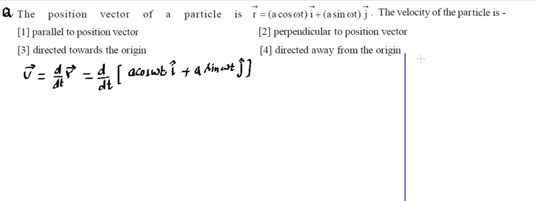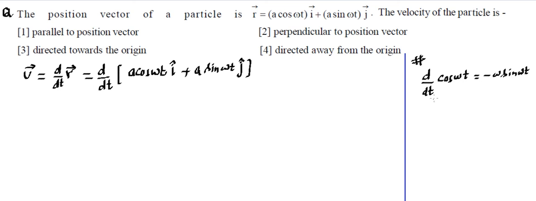So here you need to know some more rules of differentiation. d upon dt of cos omega t comes out to be minus sin omega t. The cos gets converted into sin with a minus sign. Since we are writing t, whatever the coefficient of t is has to be multiplied outside.